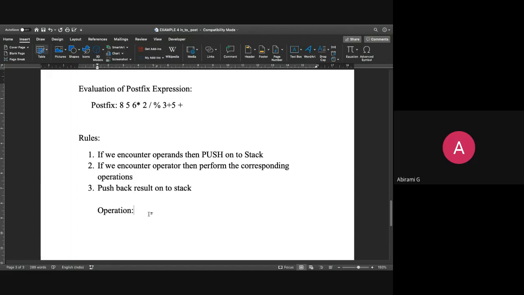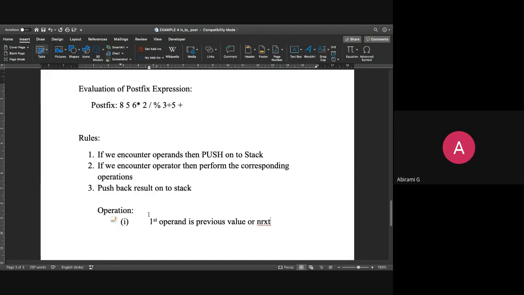Always the previous one, the first operand, is the next to top, and it is the previous value.